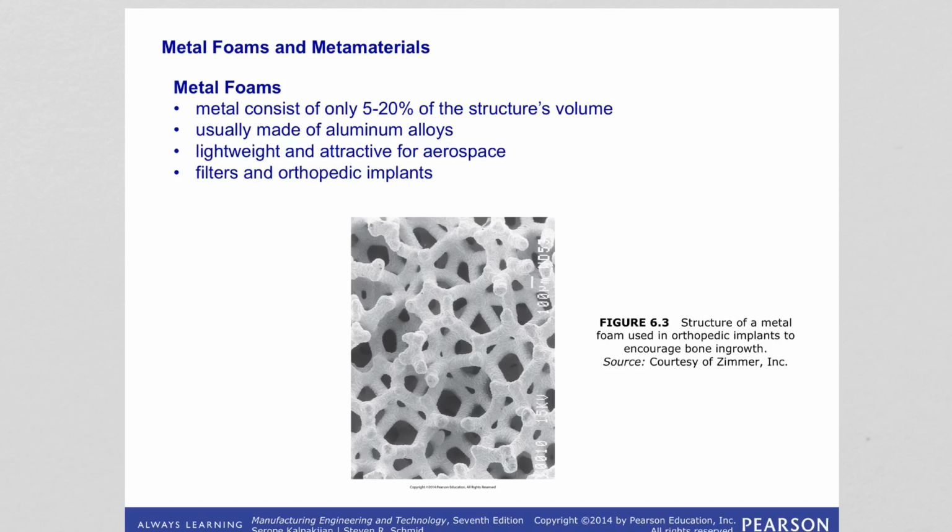The rest is basically pores, empty space, right? These are usually made from aluminum alloys. I heard it for aluminum foams, but they can be obtained also for titanium and some other metals. But how do we do that? By simply blowing air into a molten metal.